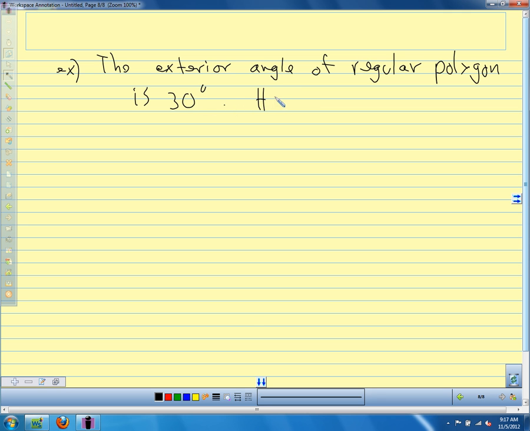We want to know how many sides. Well, one of our important formulas, we said that the number of sides was 360 degrees divided by 30 degrees.